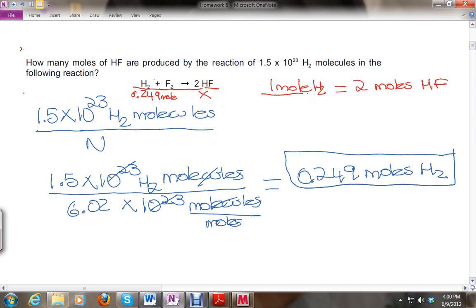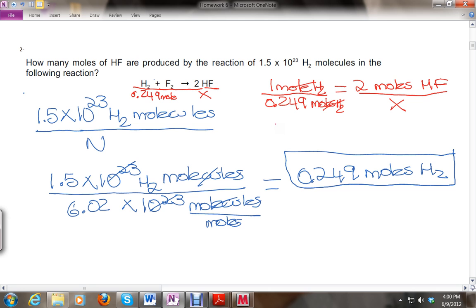Now let's go to what we really have, what we need to calculate, because this is what the recipe is saying, but you don't have 1 mole, you have less. So you need to recalculate how many moles you are going to get for 0.249. So here you got 0.249 moles of hydrogen. And how many would I have then? Moles of hydrogen and moles of hydrogen cancel out.